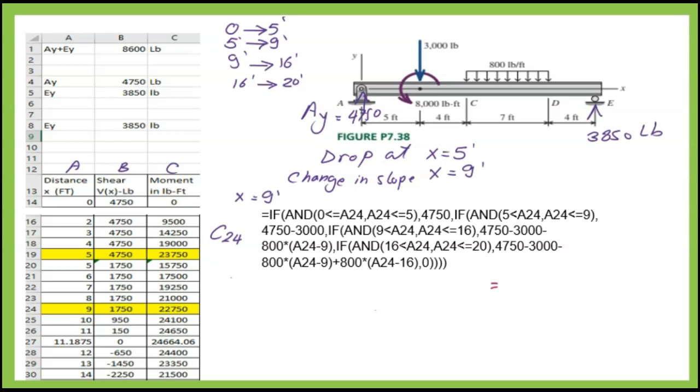So the same expression for shear, we put A24 less than or equal to 9. And this is the same previous expression for shear. We get the value of 1,750. This is the cell C24, which expresses the value of the shear for x equal to 9.